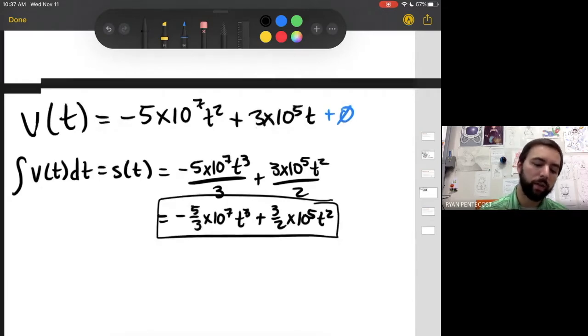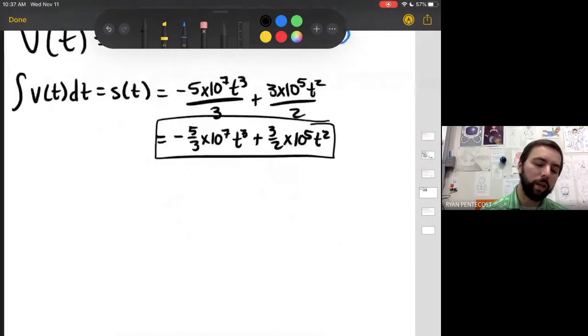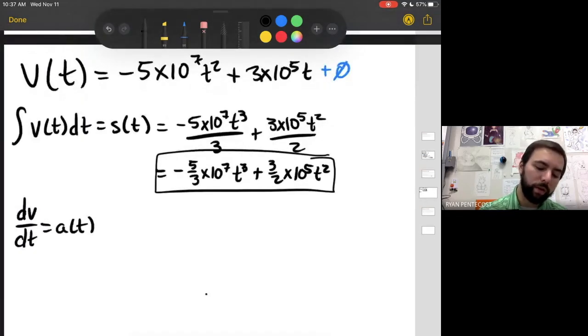Now we need a of t. So instead of taking the integral of velocity, we'll take the derivative of velocity with respect to time to get a of t. So the derivative, right, we would take 2 times -5 times 10 to the 7th, then subtract 1 from the exponent.